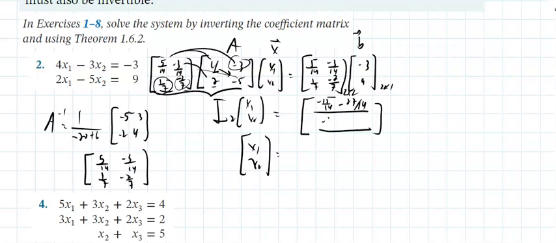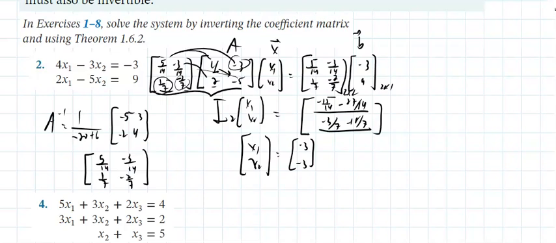And here I'm going to get negative 3 over 7 minus 18 over 7. So negative 21 over 7 is negative 3, and negative 42 divided by 14 is also a negative 3.